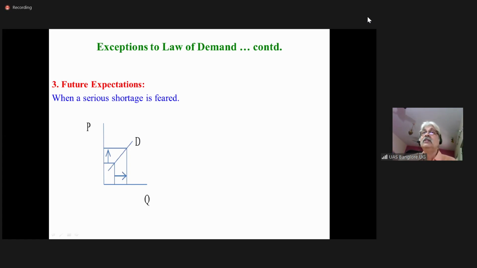So with future expectations, when a serious shortage is feared, though the price of petrol is increasing, you'll purchase more of petrol, fearing that next week, next month, there'll be a serious shortage of the commodity. So this is an exception to law of demand. The demand curve is moving upwards, rightward, and the relationship between price and quantity is positive.